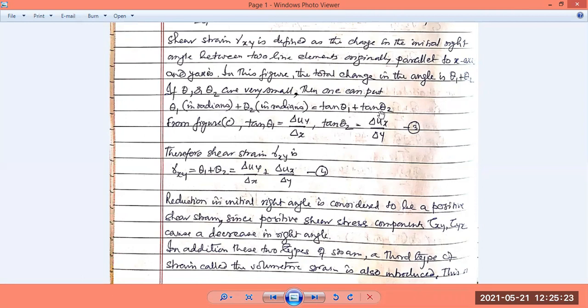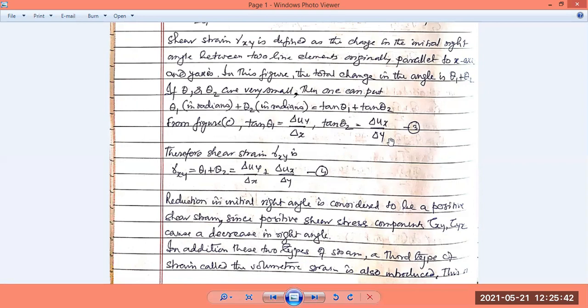From the figure, we know tan theta 1 is the deflection of the body along the y-axis, that is delta Uy by delta x, and tan theta 2 is the deflection of the body along the x-axis, delta Ux divided by delta y.